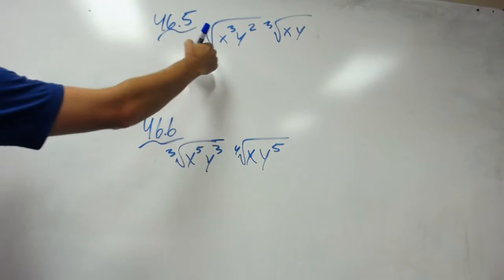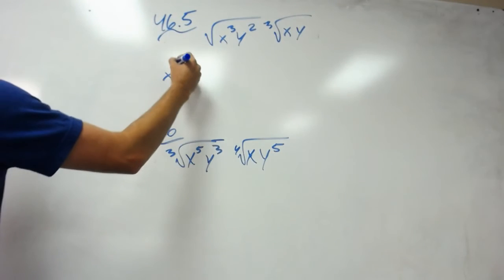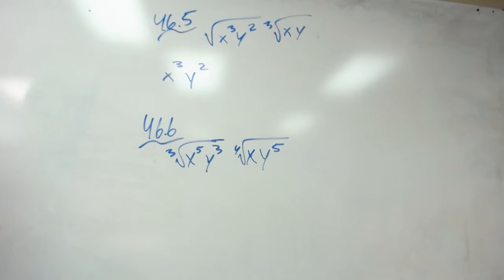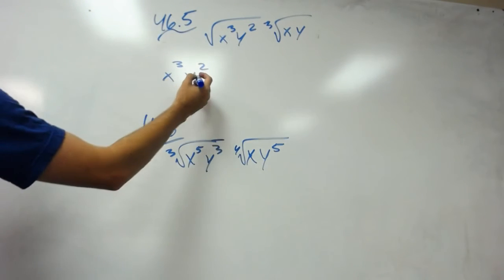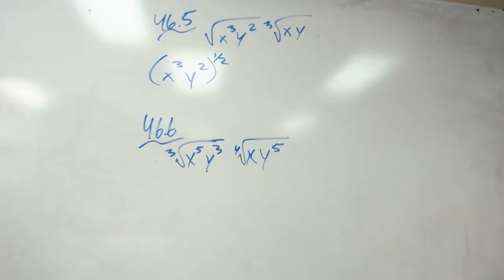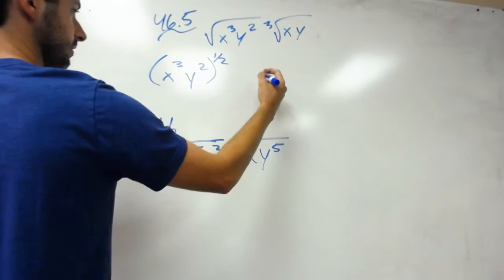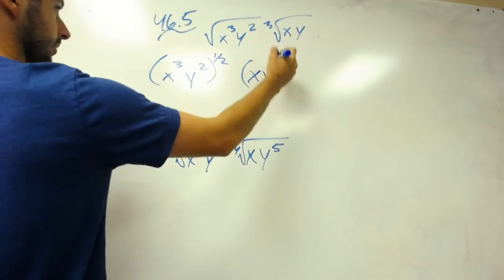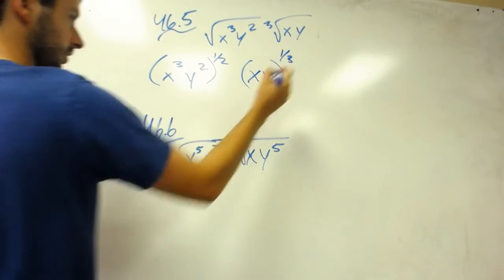It says we have x cubed and y squared, and they are in a square root. So if they're both in the square root, we can say both of them to the 1/2 power. And then we have x and y both under the same cube rooted form. So we could say to the 1/3 power.